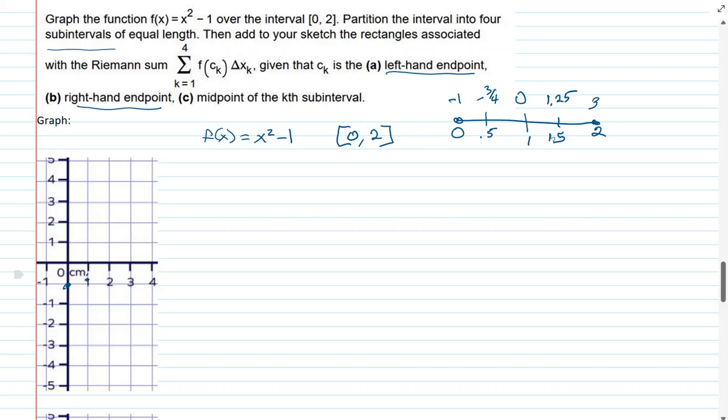Sorry. 0, and at 1.5 is 1 1/4, and at 2, oh, wait, when I make a mistake, I make it big. This is 1 1/4. At 2, it is 3. There you go, Alma. Okay, that's what I wanted.